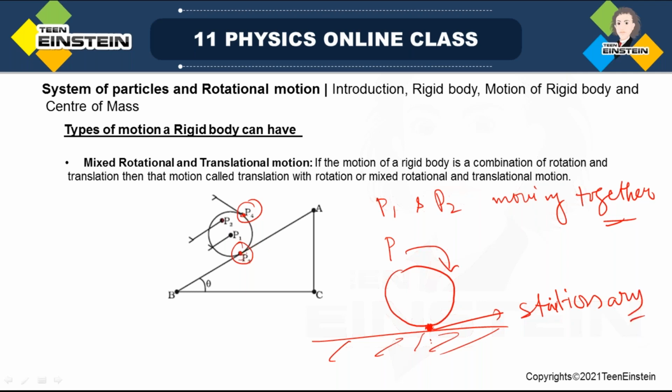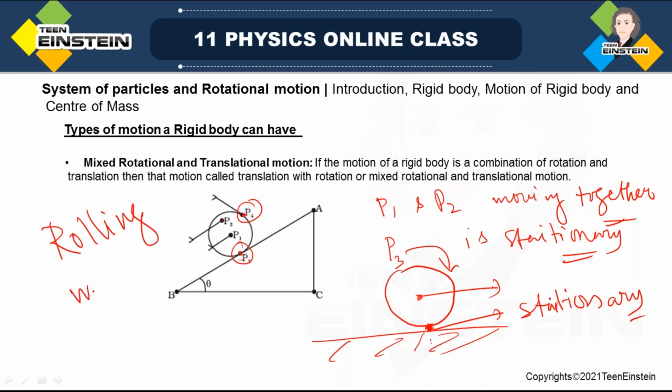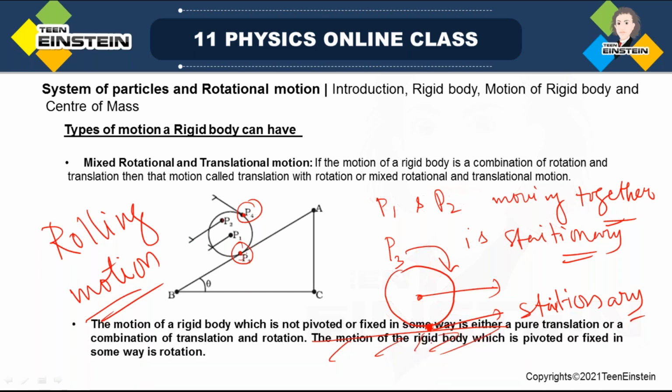While an object is having a rolling motion, a point which is in contact with the floor or the inclined plane will be stationary. So here P3 is stationary, or fixed. This is how there can be mixed translation and rotation, which is called rolling motion. What is that motion? Rolling motion. Translation and rotation, both together.